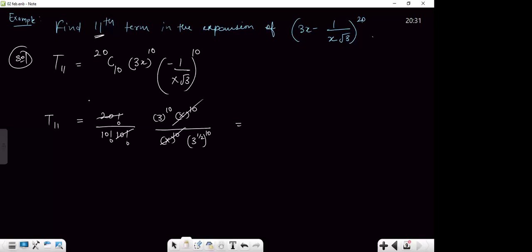One 10 factorial cancels: 20 into 19 into 18 into 17 into 16 into 15 into 14 into 13 into 12 into 11. 10 factorial is actually 10 into 9 into 8 into 7 into 6 factorial. We are aware of the value of 6 factorial, that is 720.